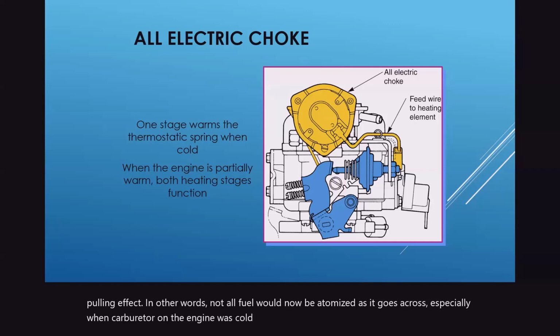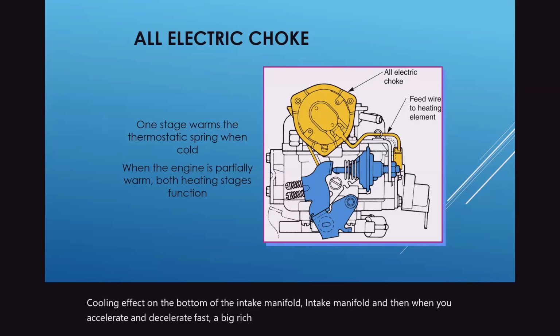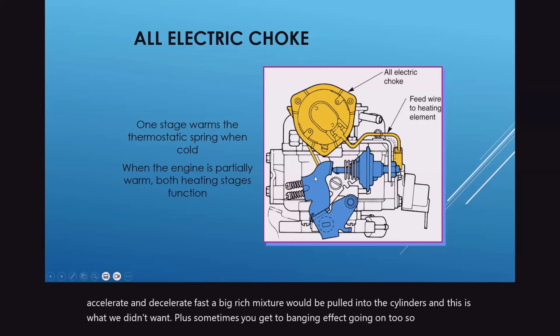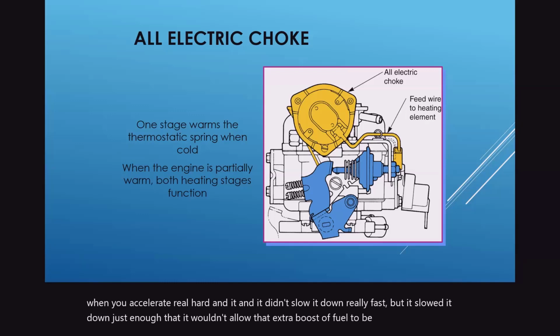And when they do a pulling effect on the bottom of the intake manifold, and then you accelerate and decelerate fast, a big rich mixture would be pulled into the cylinders, and this is what we didn't want. Plus, sometimes you get the banging effect going on too. So this was when you accelerate real hard, and it didn't slow down really fast, but it slowed down just enough that it wouldn't allow that extra boost of fuel to be pulled into the different cylinders.